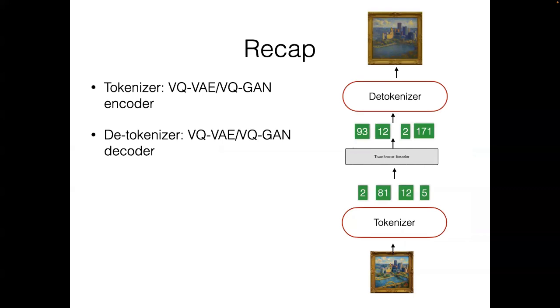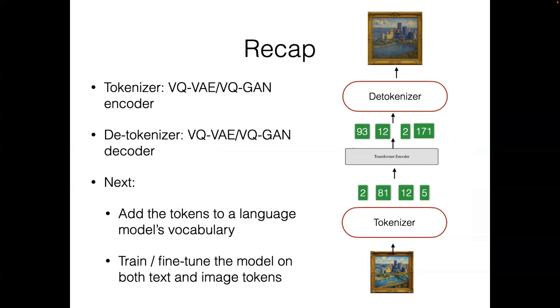Okay, so to recap, here we have this tokenizer, which corresponds to the VQ-VAE or VQ-GAN encoder, and you have the detokenizer, which is the decoder. And so next we can do the final step, which is to just take a language model and add these, say, 8,000 tokens to its existing vocabulary.